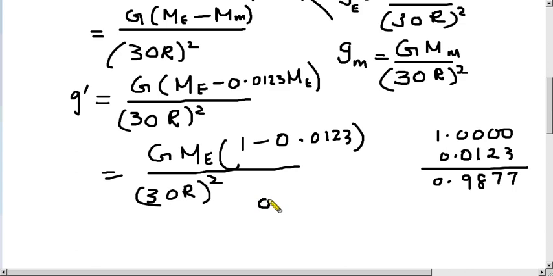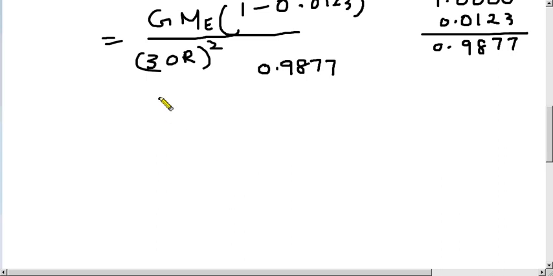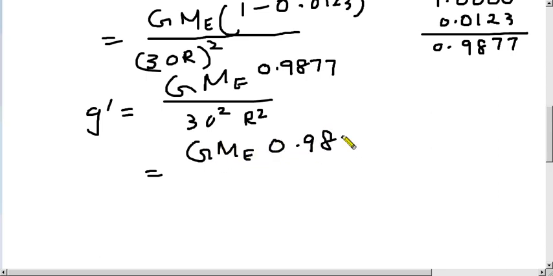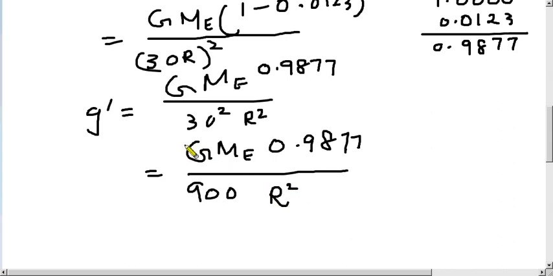We write it here. 30 squared, R squared separately. Then we get 30 times 30 is 900 R squared. Then we don't know this one. This one is the problem now we have.